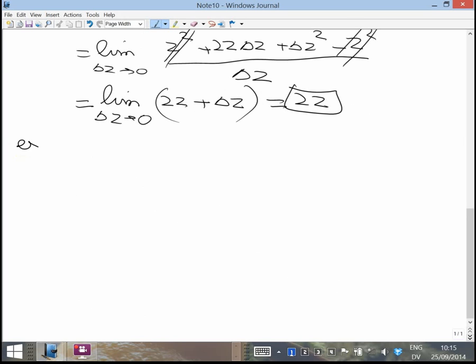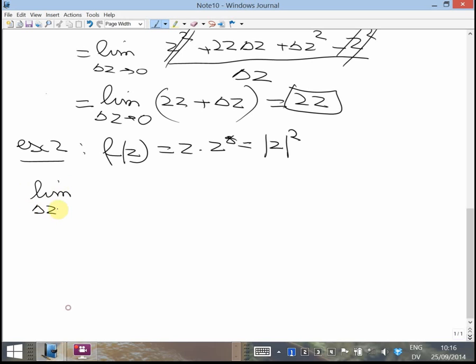If we look, for example, at our second example that we've had earlier, which was the function f of z, the product of z with the complex conjugate, or the modulus squared of the complex number. If we try to take the derivative of that function, let's see what happens. So we have the limit of delta z going towards 0 of the modulus of z plus delta z squared minus the modulus of z squared, and everything should be divided by delta z.